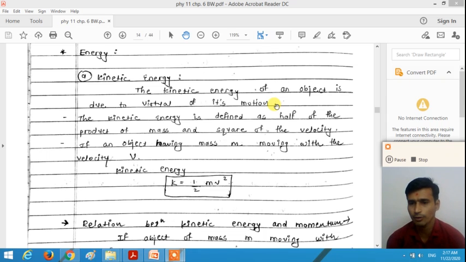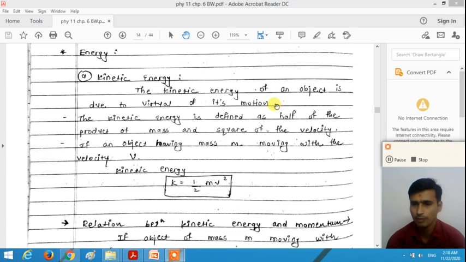So when any object is in motion, some amount of kinetic energy is associated with the object. What is the kinetic energy when the object is stationary? That means it lies stationary on any surface, so the velocity of the object is zero, and the kinetic energy associated with the object is zero.